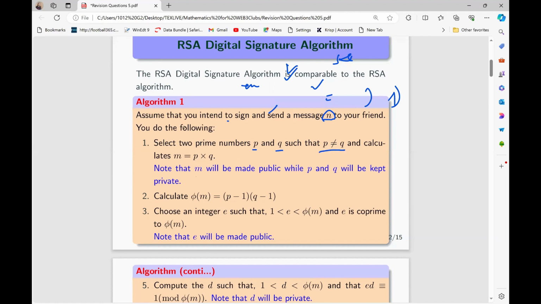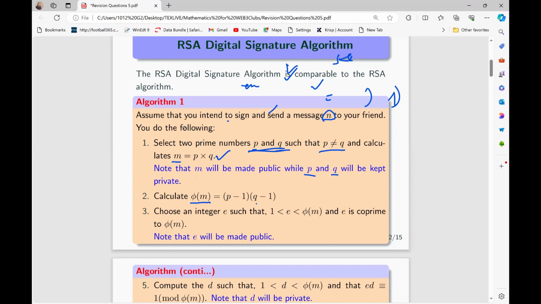Then get their product M. This product will be made public, but P and Q will be private. Since we are only talking of two prime numbers, the Euler phi of M will be P minus 1 times Q minus 1.